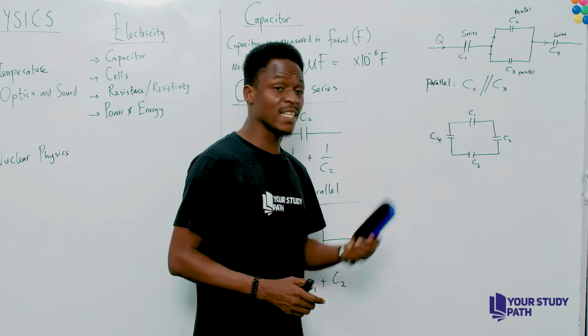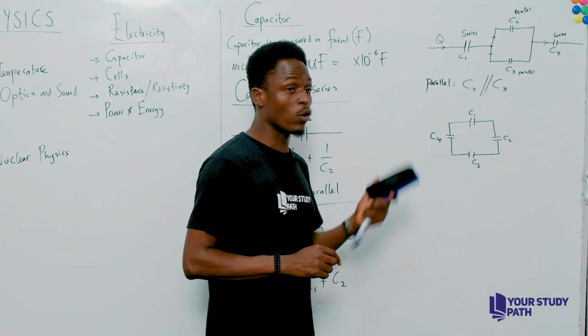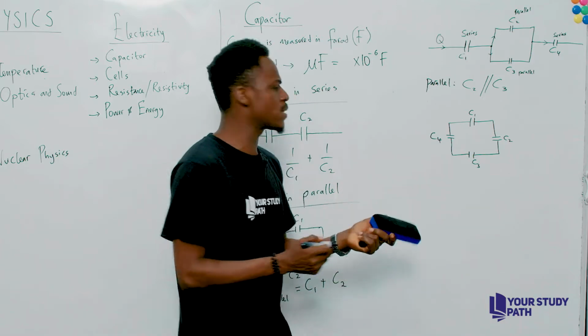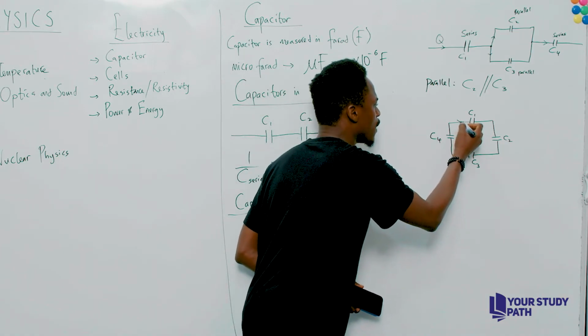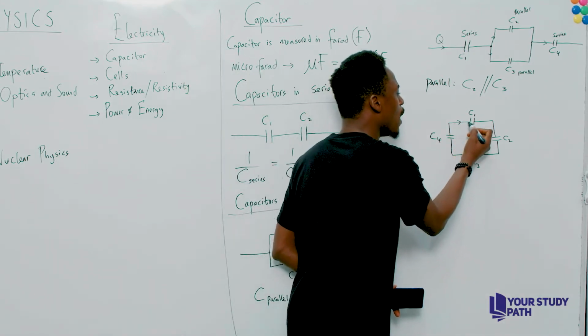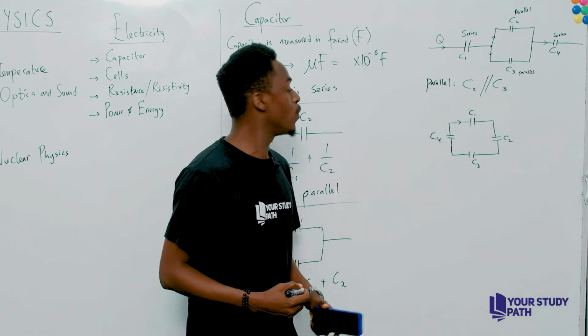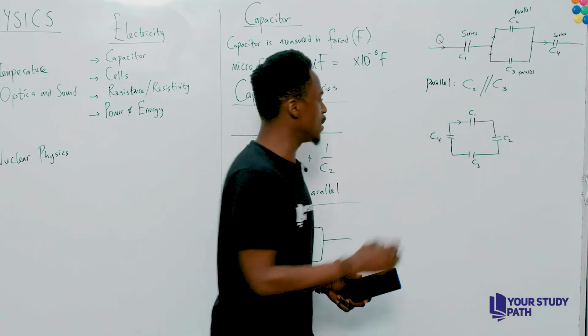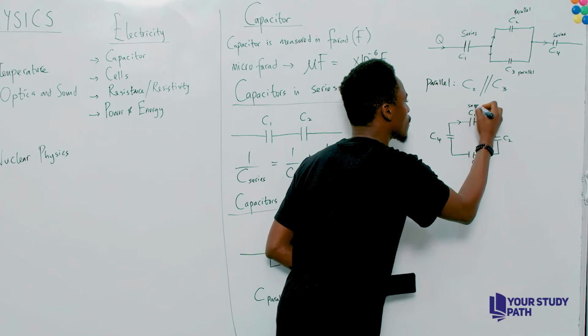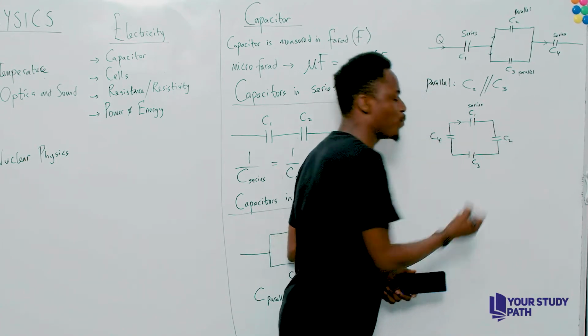Why? This is a given loop. There's no specifics as to the start of the connection. But let's pick any part along the circuit diagram. Let's pick this place here. If the charge is to flow along this path and it enters the first capacitor, C1, it is going to come out. Series, since there's no obstruction, it comes out and gets to this point.